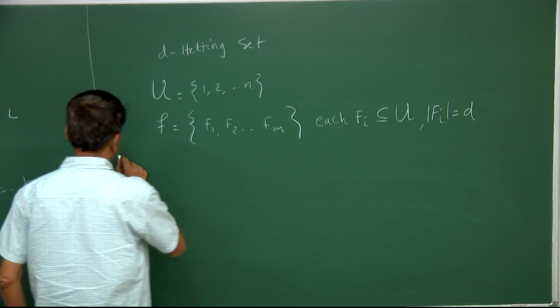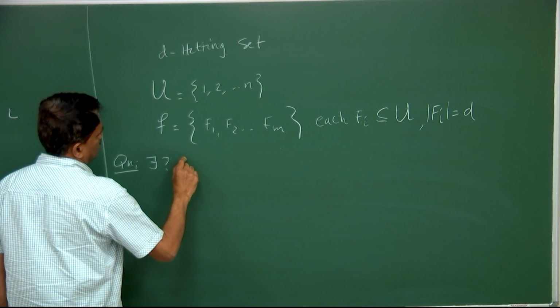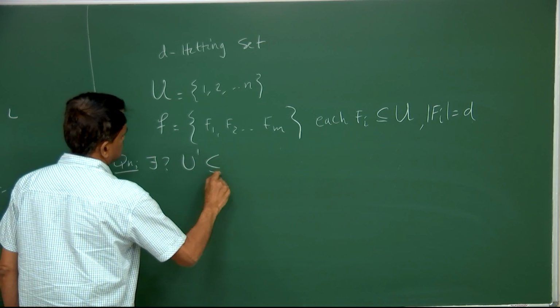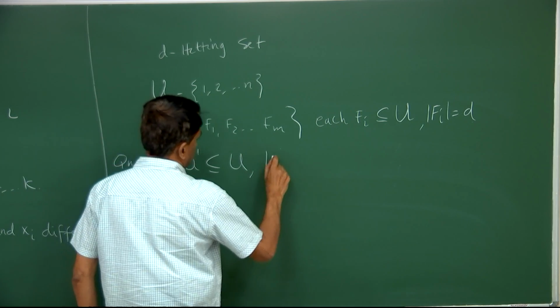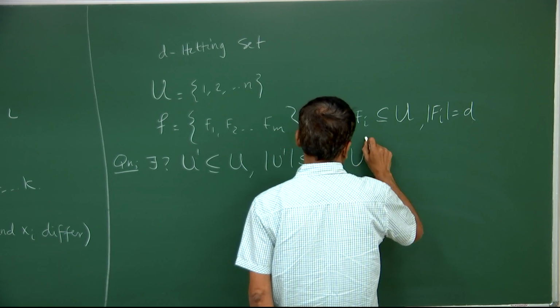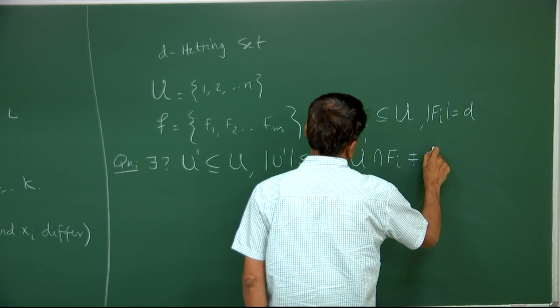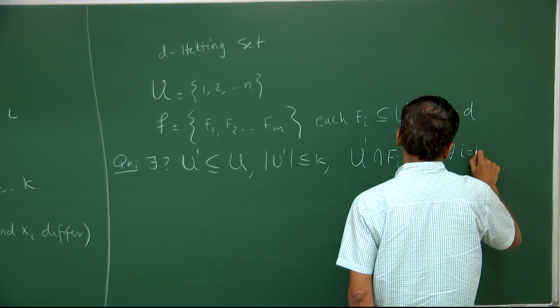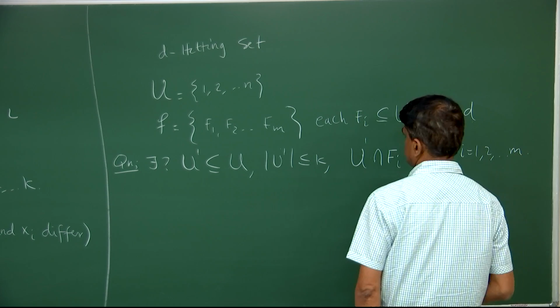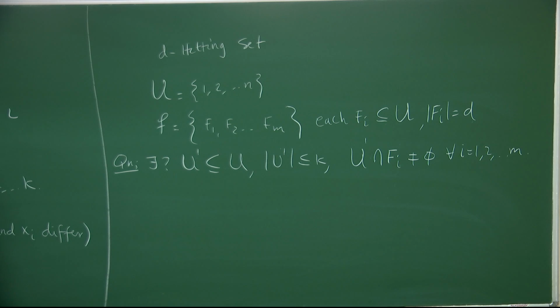And the question is, does there exist U prime, a subset of U, with cardinality of U prime less than or equal to k, such that U prime intersects every set in the family. So you have d-element subsets of my universe.